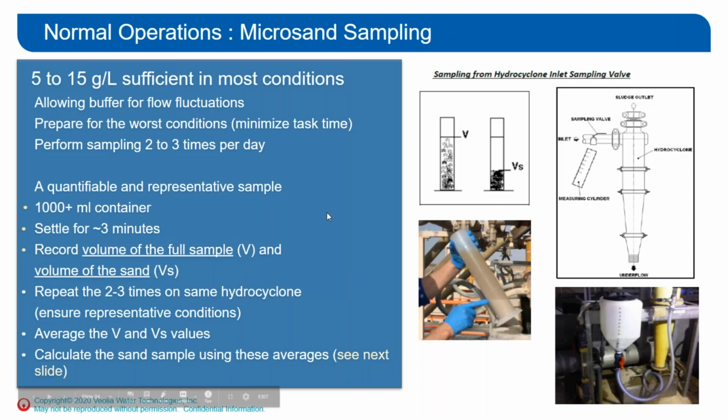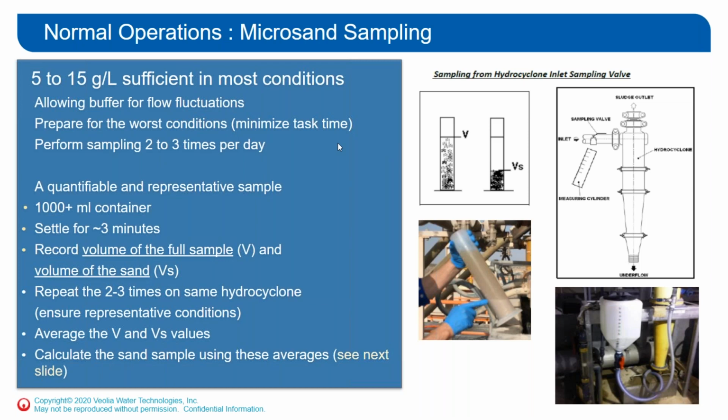But there's the knowledge of how much sand you have, and why you need to have a range in there to allow for the fluctuations in flow or characteristics of your water. It can maybe be a little bit higher than you think you need if you have a nice low turbidity, but make sure that you're grabbing a representative sample as well.